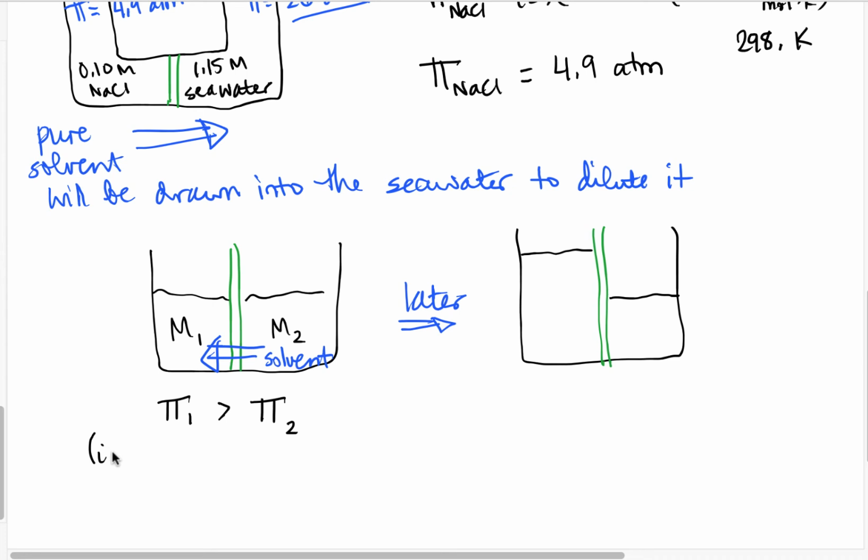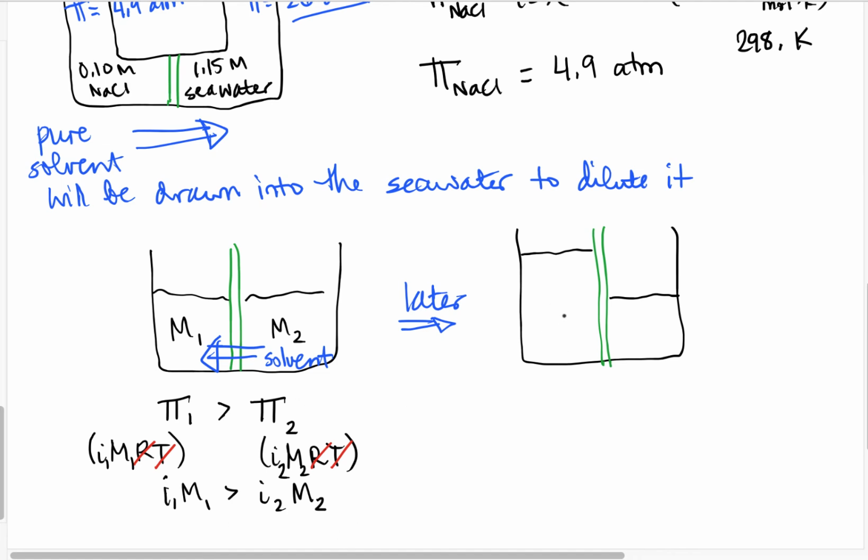And of course this is i times M times R times T, i times M times R times T. So presumably these both have the same temperature and the same gas constant. And so what we're really saying is that whatever this combined i1 M1 is would be greater than i2 M2, okay? Because that would be the pressure that's happening here.